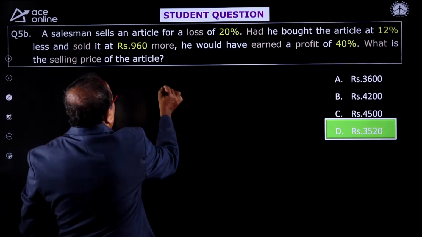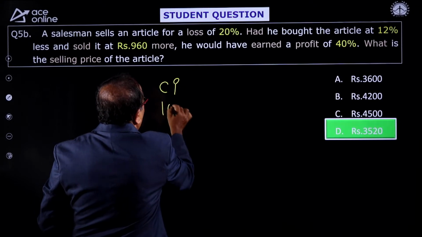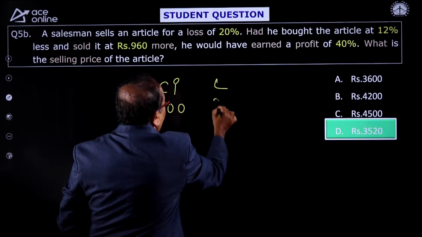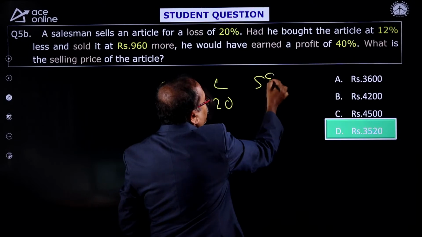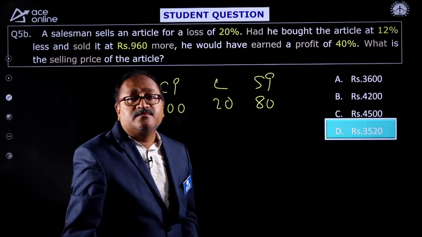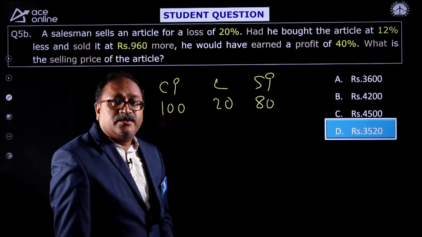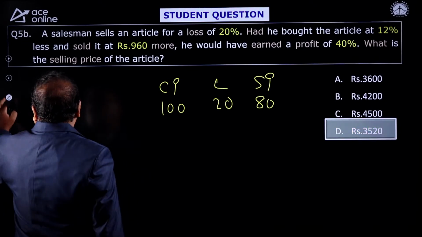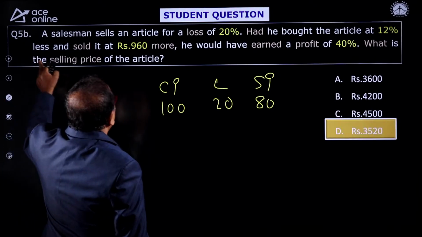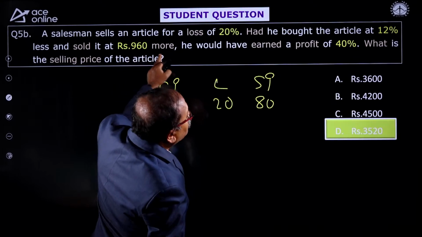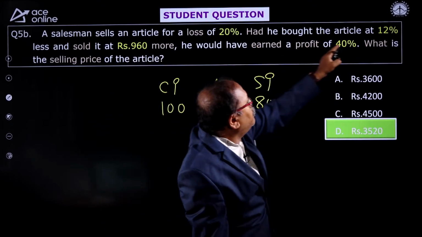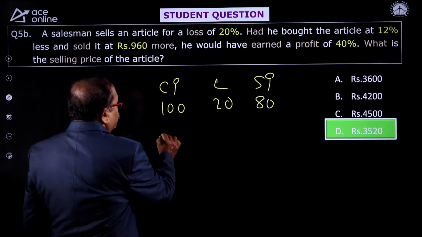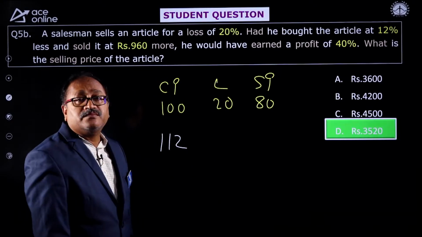Now, check the answer. How do we do it? If the CP is 100, there is a loss of 20. The selling price will be 80. Let's move on next. And what it is said that he bought it at 12% less. So, this will be 112.